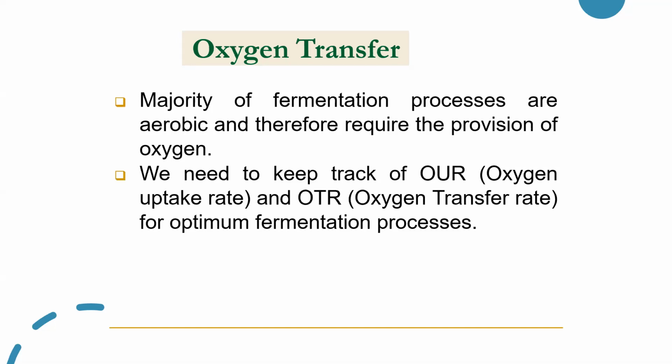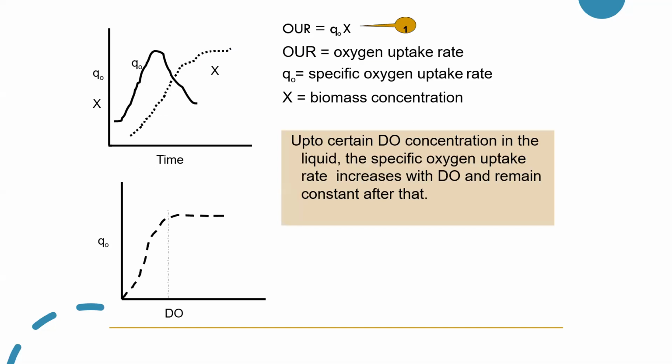Now let us define what is OUR and what is OTR. As you can see, in the first week we have read that at whatever places we add the term specific, that means we are talking in terms of per unit biomass. So here you can see that OUR, that means oxygen uptake rate by the cells, is defined as QO2 into X. What is QO2?